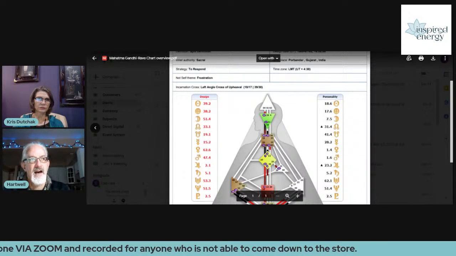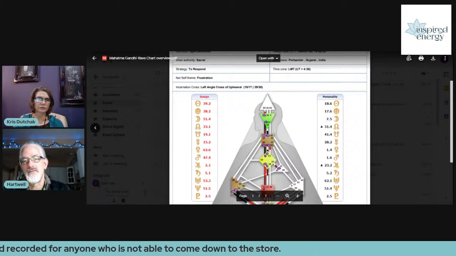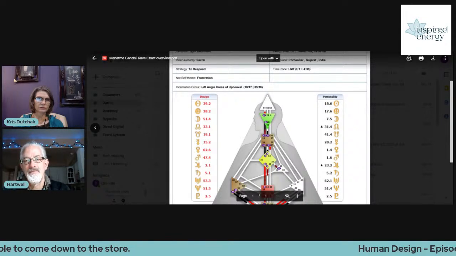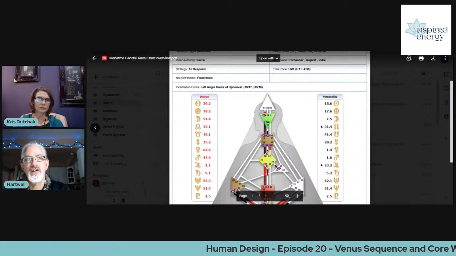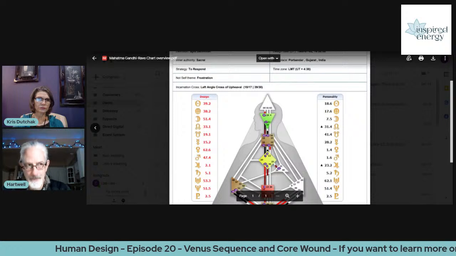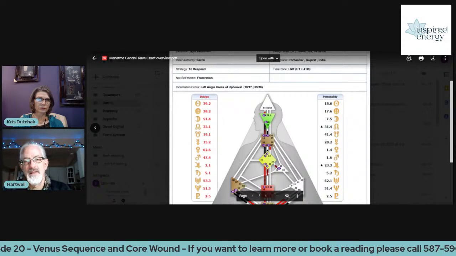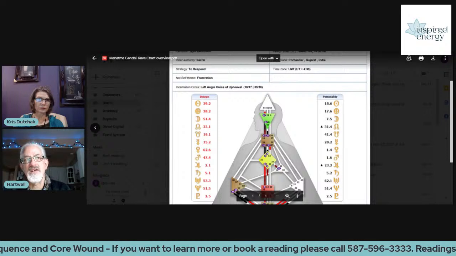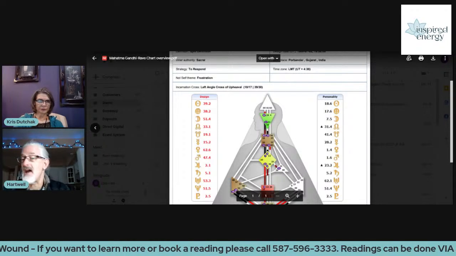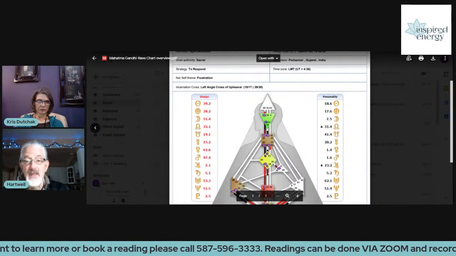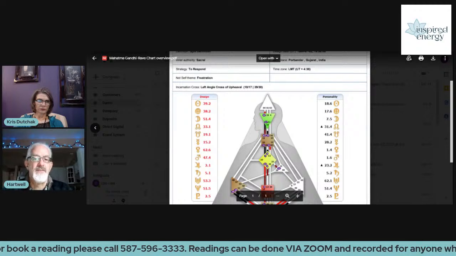So maybe I'll use myself as an example, just because I don't have my spectrum of consciousness sheet on me. My core wound is the 12, which at the lowest level is vanity. Okay. And so I can look at the gift level, which is discrimination, or the siddhi level, which is purity. And I can begin to contemplate, because when I hear the word purity, something activates in me.